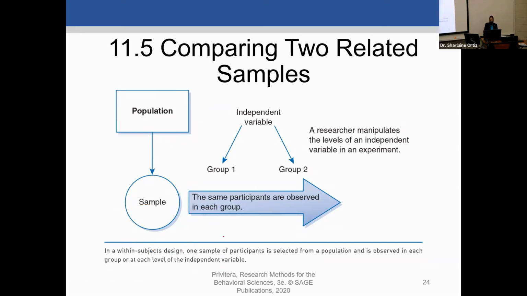In this case, the same participants are going to be observed in each group. We had group number 1 and group number 2, and again, we will have the same participants. So the same participants are going to fall within those groups.